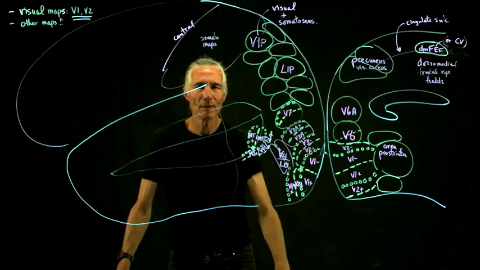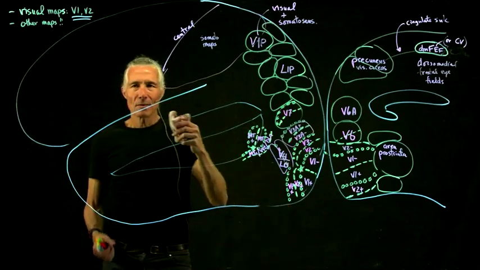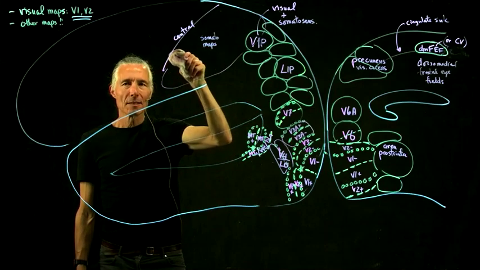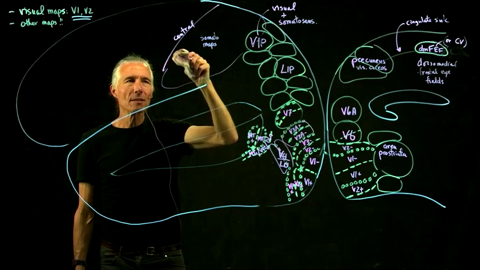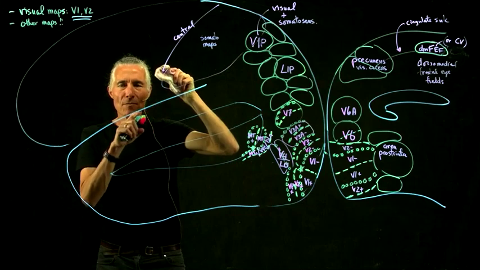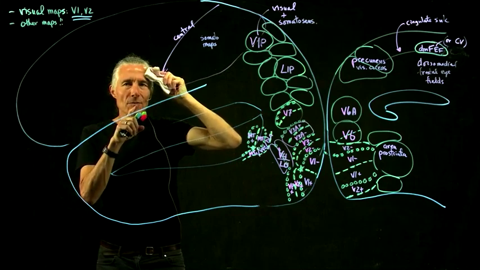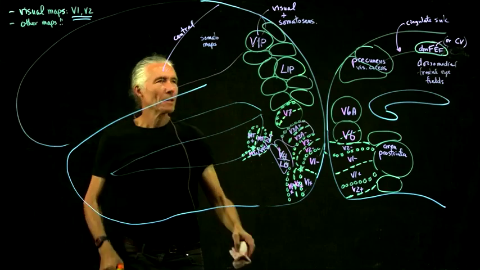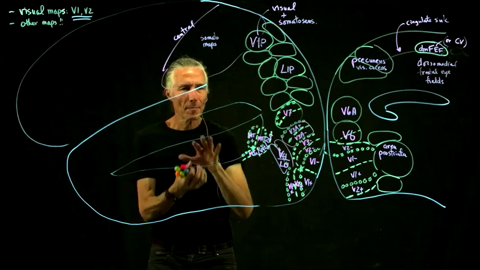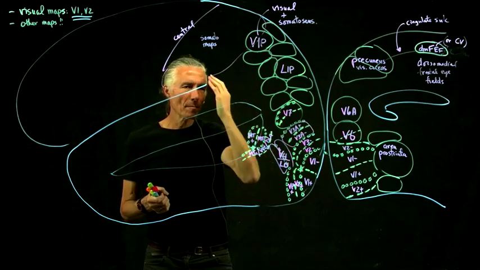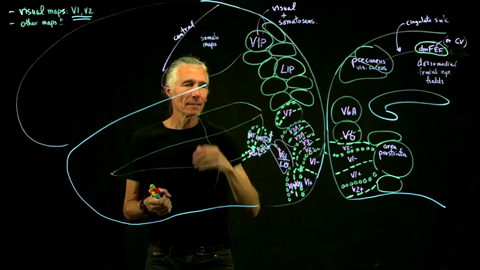It's probably involved in things like when something's coming toward your face. If something's coming towards your face, you see it in your upper field, and then it touches your actual forehead. It turns out that VIP has a map of the visual world superimposed on a map of your face. Not just your face.